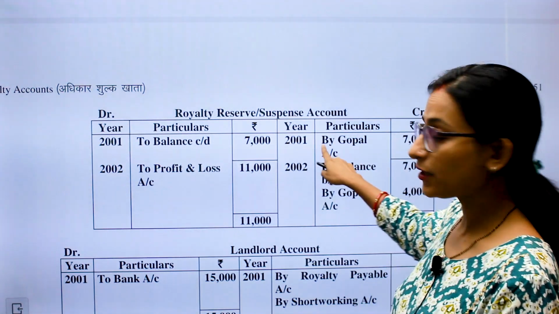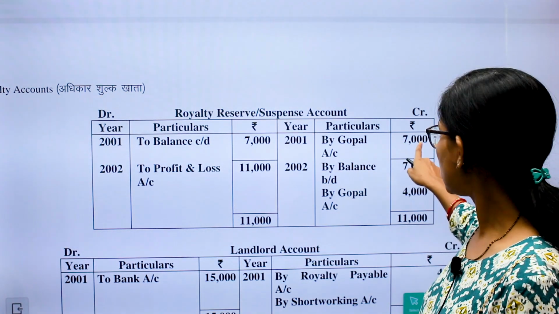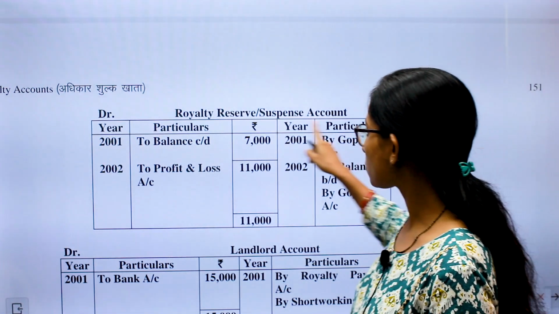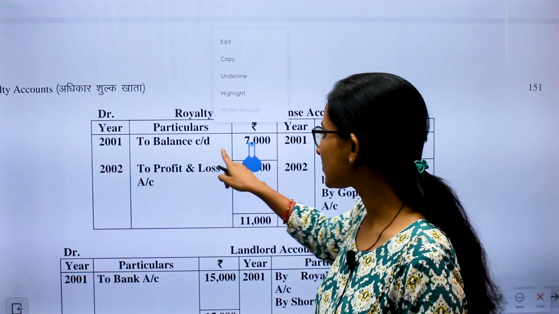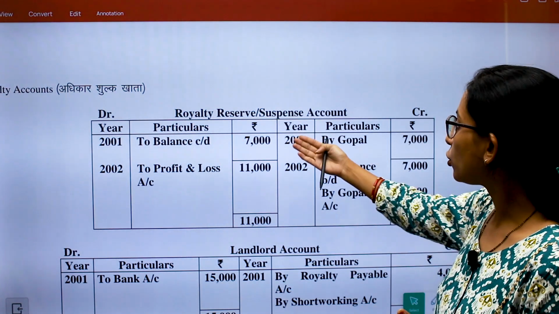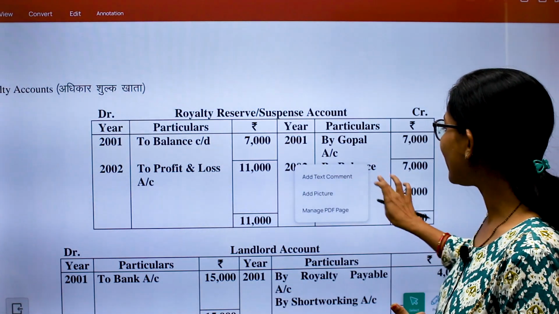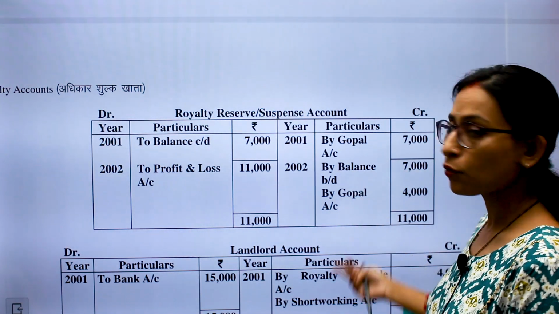So we have credited Gopal account with 7,000 and there was no surplus, so we have transferred that 7,000 rupees to balance CD. In 2002 we have brought down the 7,000 as balance brought down 7,000. Then in the second year again there was a short working reserve of 4,000.